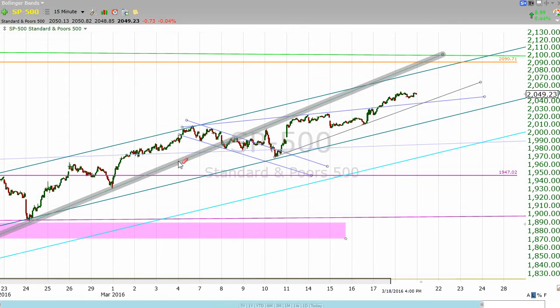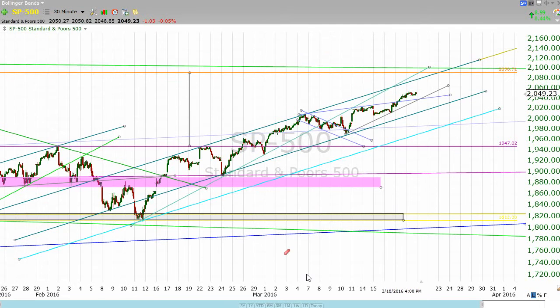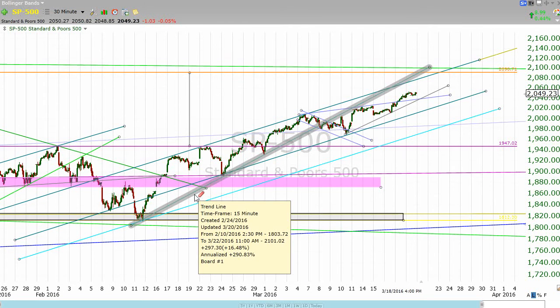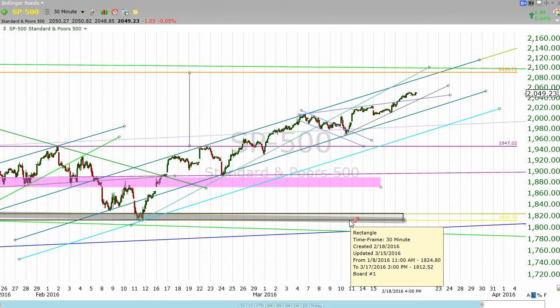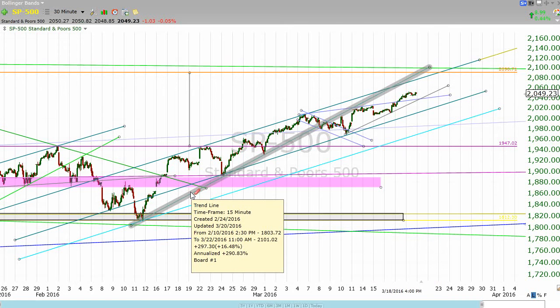And if it does, we could find ourselves coming back to the levels that were in place before this wedge started to develop. And when was that? Well, that was way back when we were in the 18 teens. Okay? So that's what this wedge would say.